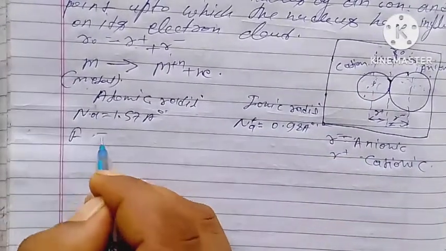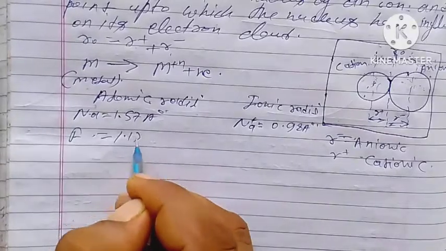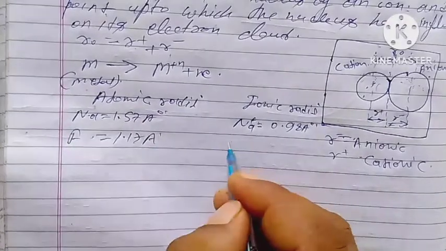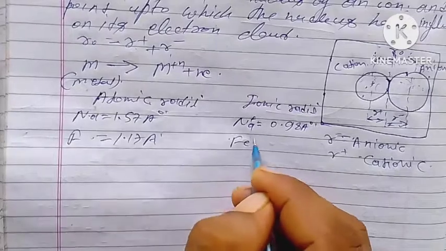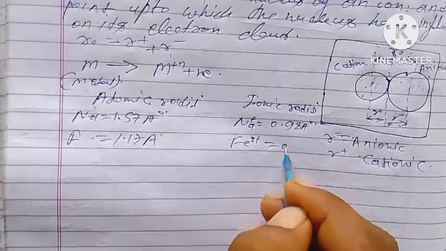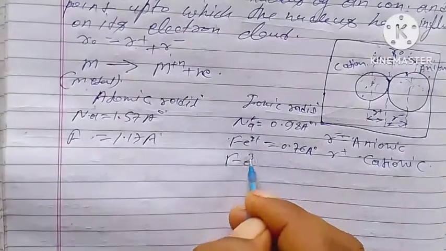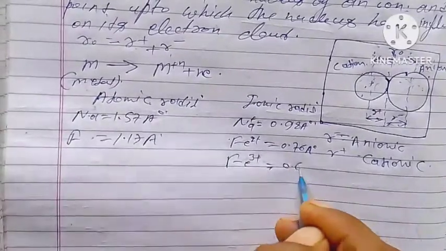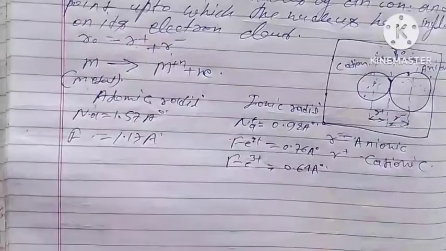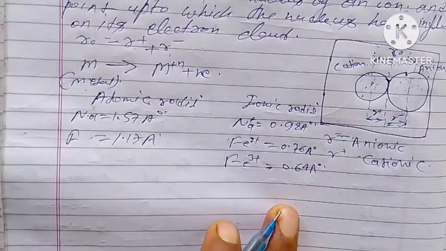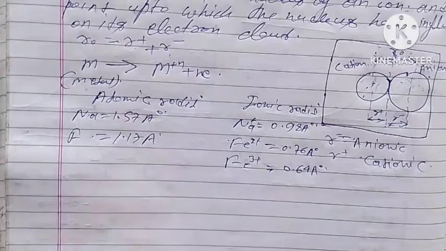Ferrous: atomic radius of iron is 1.17 angstrom, Fe2 plus equals 0.76 angstrom and Fe3 plus equals 0.64 angstrom.